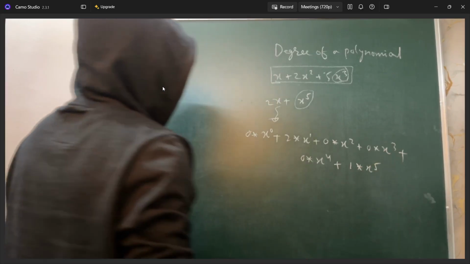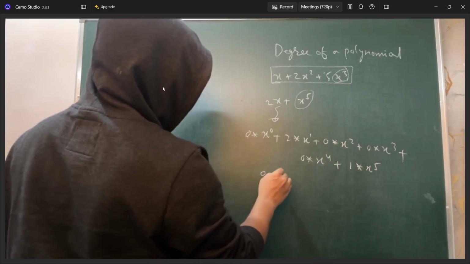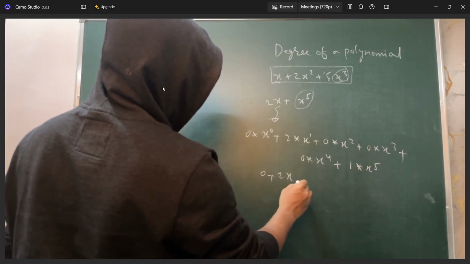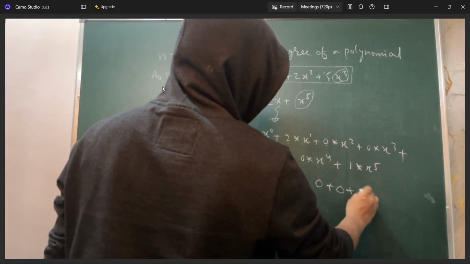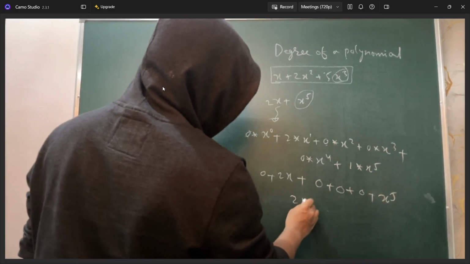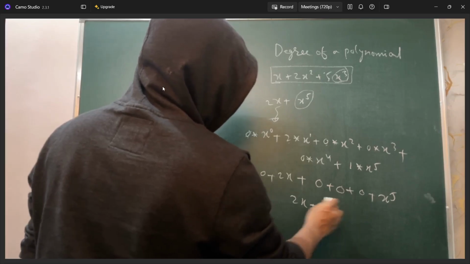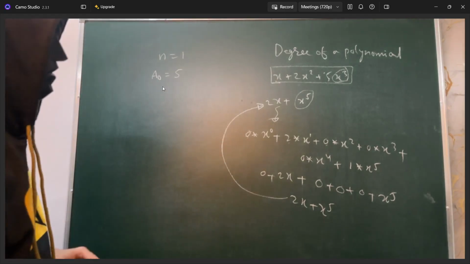You can write this way. So 0 into something is 0, plus 2 into x power 1 is 2x, and this is again 0, this is 0, this is 0, and here you have x power 5. So essentially this boils down to 2x plus x power 5.